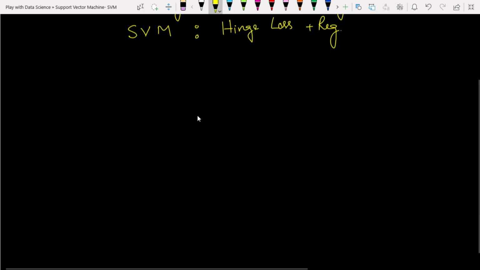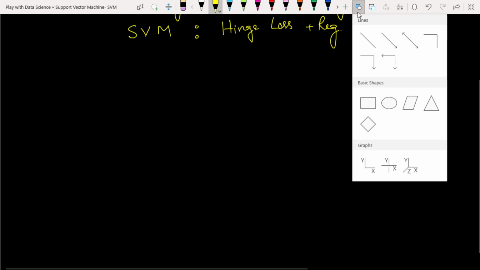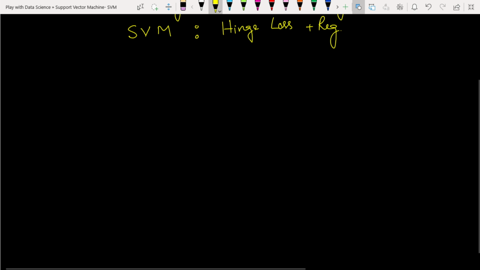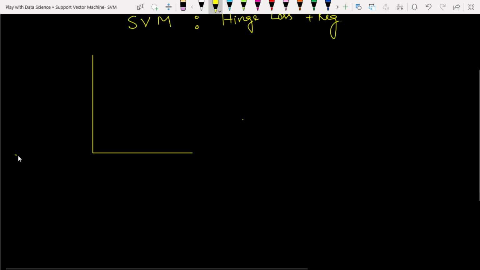Let's go there. First, redraw this picture and extend this line to this side. Suppose this is our axis.